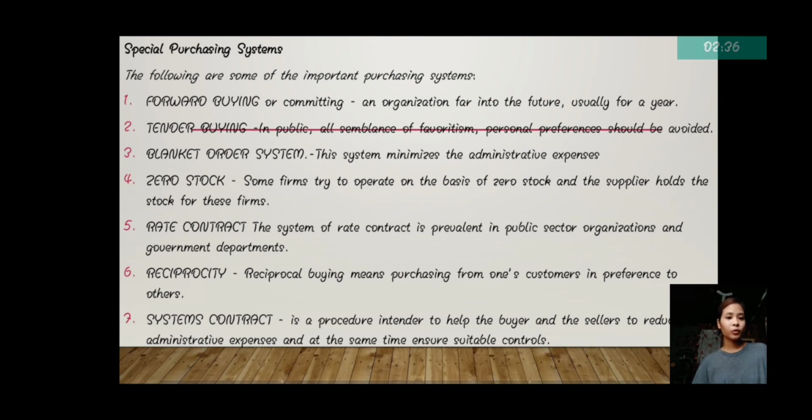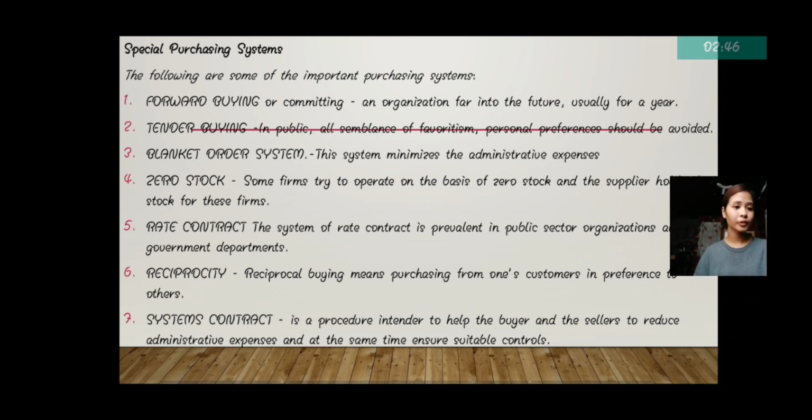Then systems contract is a procedure in tender to help the buyer and the seller reduce administrative expenses and at the same time ensure suitable controls. So meaning the systems contract and the blanket order system are similar, since they minimize the expenses used.